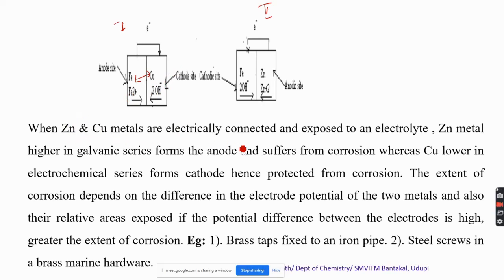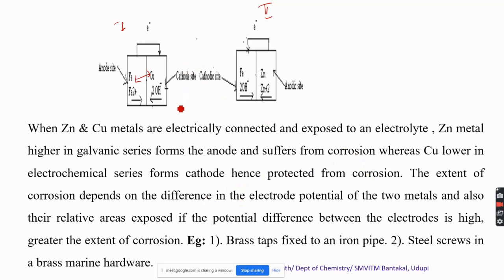When zinc and copper metals are electrically connected and exposed to an electrolyte, zinc, which is higher in the galvanic series, forms the anode and suffers corrosion, whereas copper possesses a lower position in the electrochemical series and acts as a cathode, hence protected from corrosion.